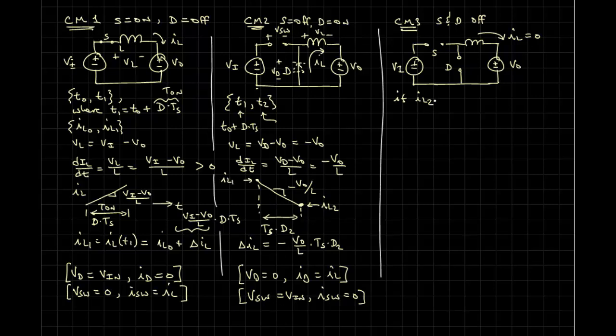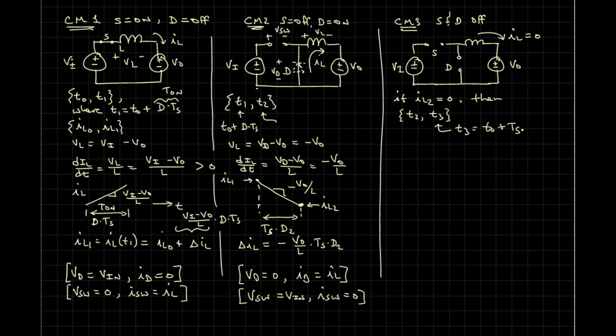If IL2 is equal to 0, then from T2 to T3 we'd be in this circuit mode here, where T3 is equal to T0 plus the switching period.